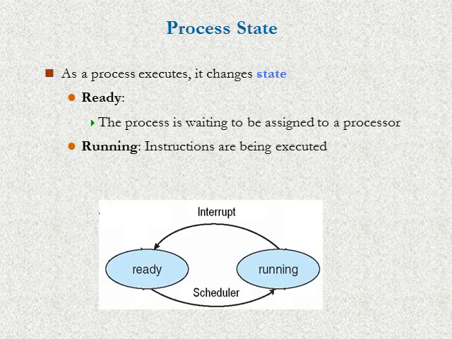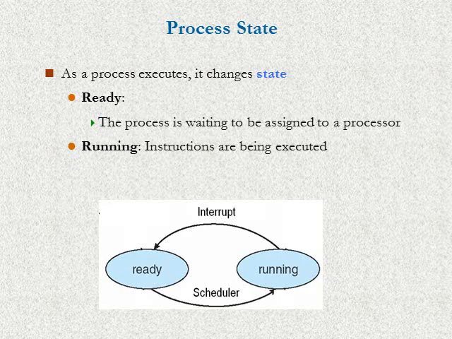So at least for now, we know that there are at least two states a process can be in during its execution. The first one is the running state, which means that the process is running in the system. It is utilizing the CPU time.